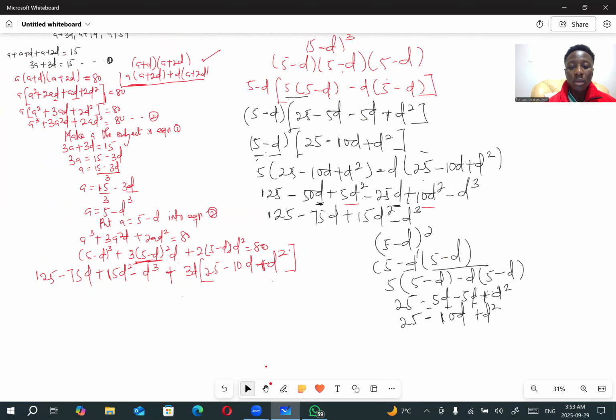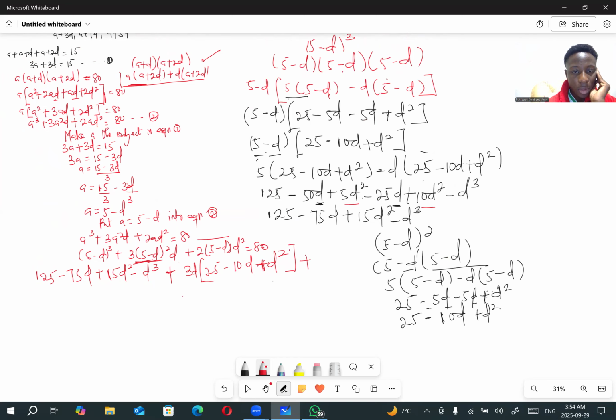Okay, can we move on? So that was just by the way. We are done with that bracket. Then the next one is plus. We are looking at this one. So it's 2d squared, right?